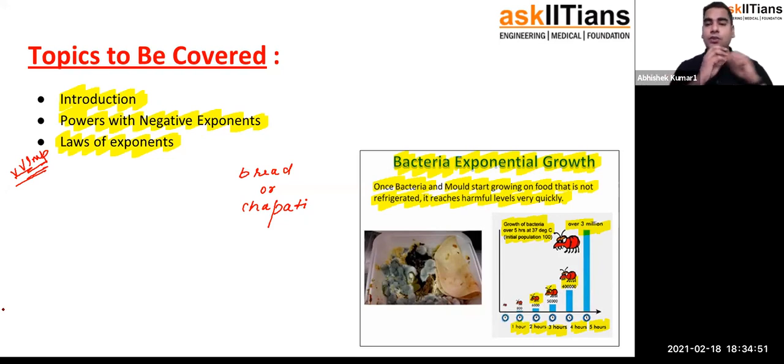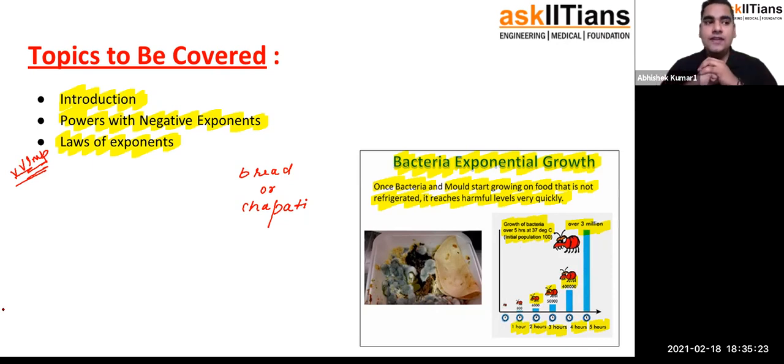You leave it as it is, you don't touch it, and come back the very next day after 24 hours and see what is the increase in the number. Is the increase in the number of bacteria slow, or are they increasing very rapidly? You will see that the number of bacteria will increase very fast, and that increase in the number of bacteria or mold, we say that's an exponential increase.